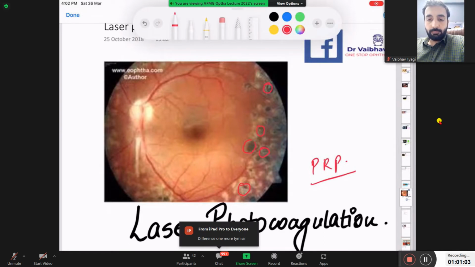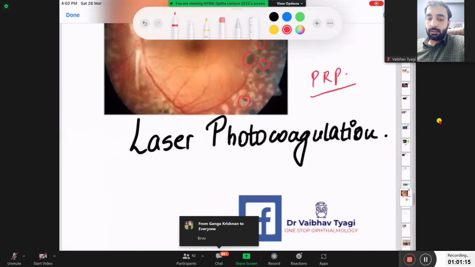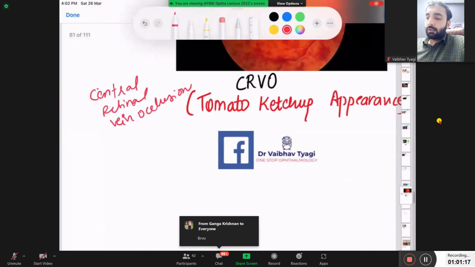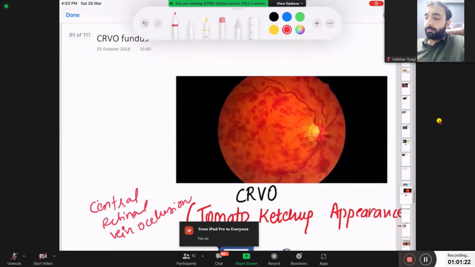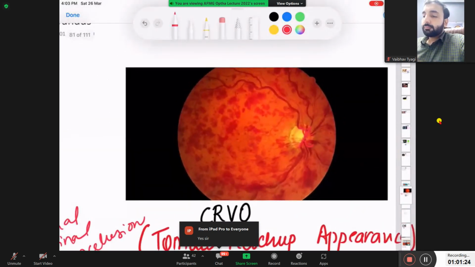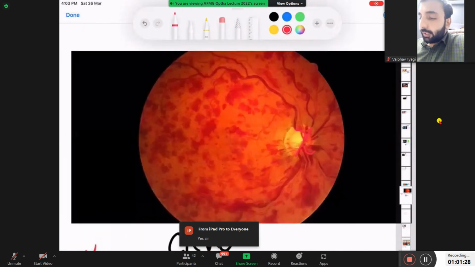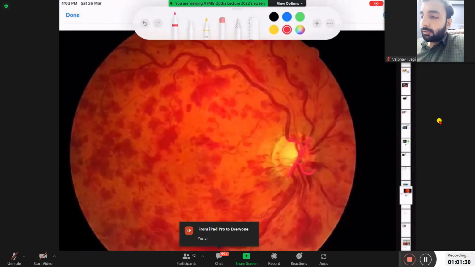Difference one more time, between BRVO and CRVO, right? See, if in the exam they give you a picture like this, can you appreciate what is the problem in this fundus picture? You can appreciate hemorrhages are there, right?